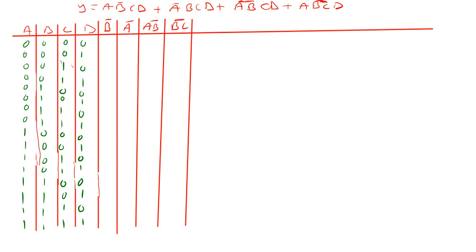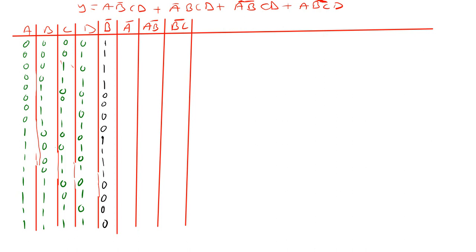So for B, here we shall have 1 1 1 1 because of these 4 zeros. Then we go with 4 zeros, 0 0 0 0. Then we consider the column for B, negating it. We go with 1 1 1 1, then 0 0 0 0.